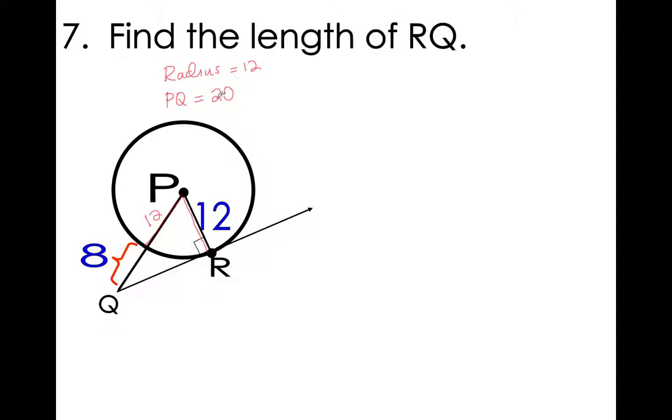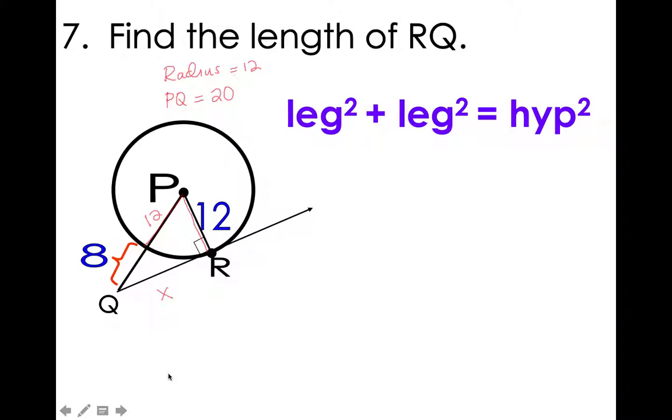Well, if PQ is equal to 20, then I'm trying to find QR. So just like with the previous problem, I set it up as leg squared plus leg squared equals hypotenuse squared. Remember that in this particular case, PQ represents the hypotenuse. I apologize.